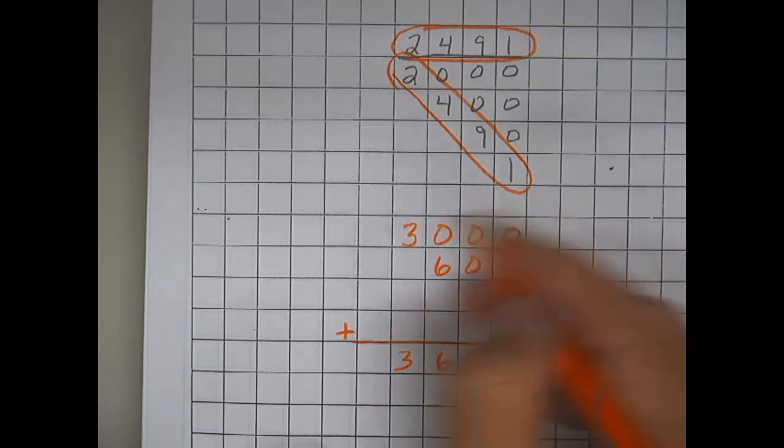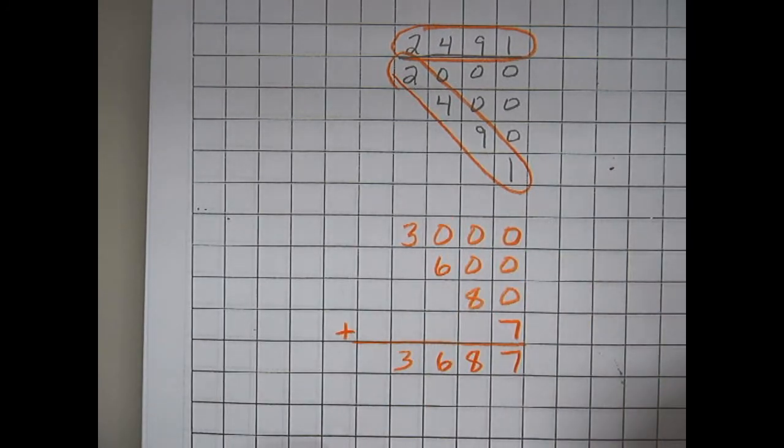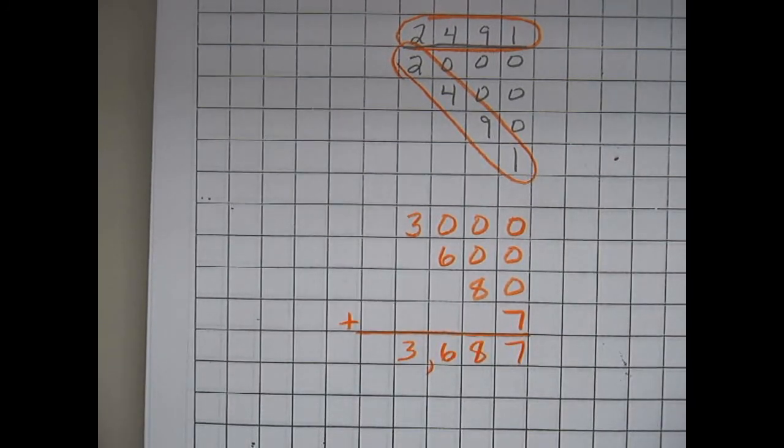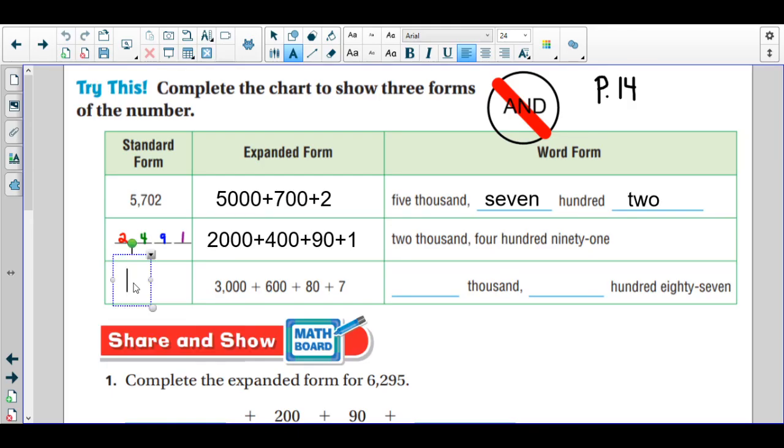So we've turned this expanded form into an addition problem. 3,687. So that's the number we're going to put right there. 3,687. And if you say that out loud, you can hear yourself saying 3,687.